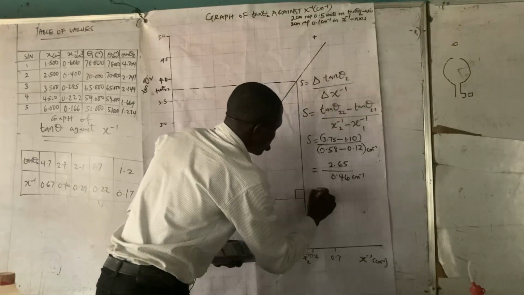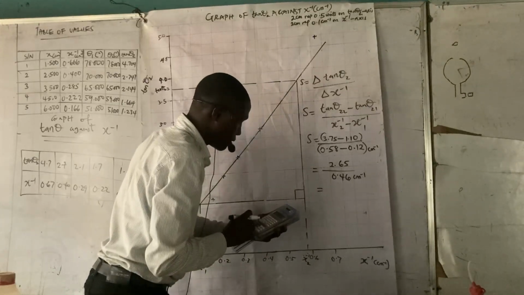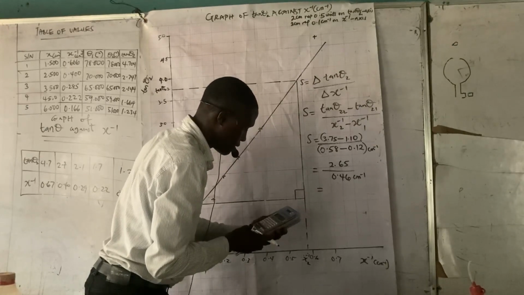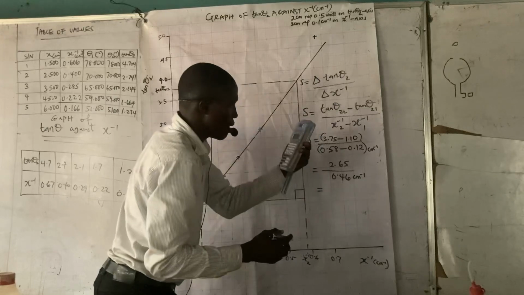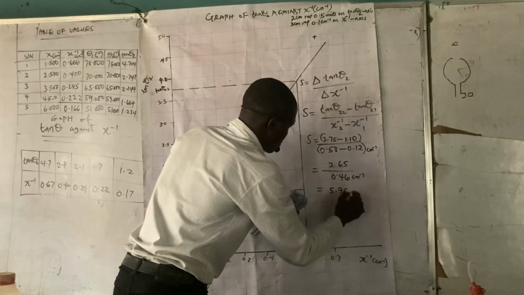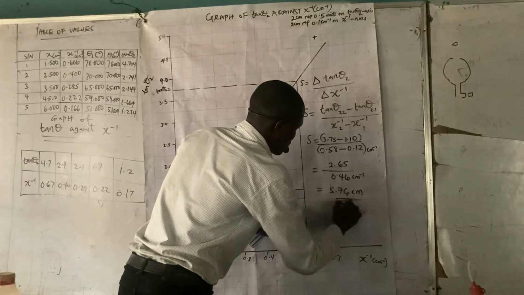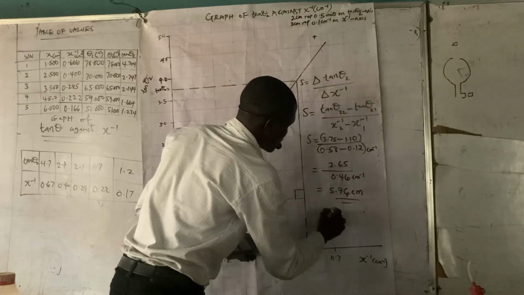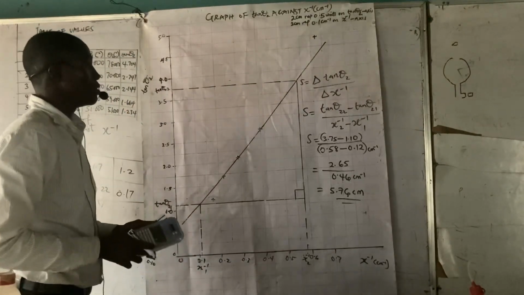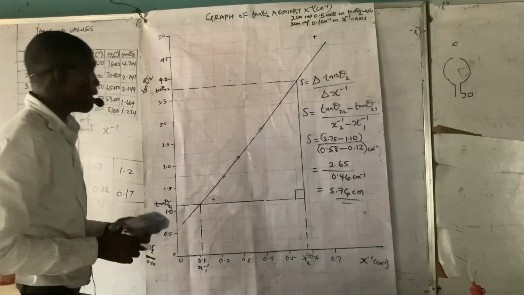So now we have 2.65 divided by 0.46. We have our answer to be 5.76 centimeter, which is approximately 6 centimeter. So now this is used to determine the middle of the mirror that we want to use. And that's that about the slope.